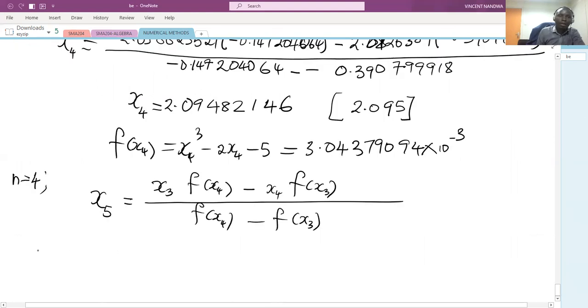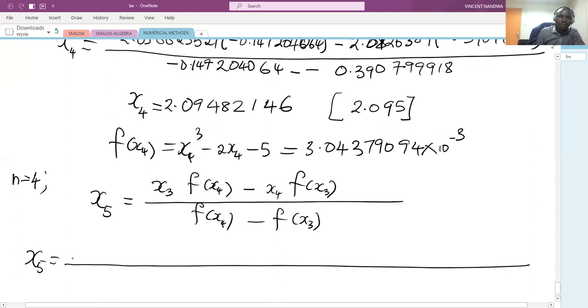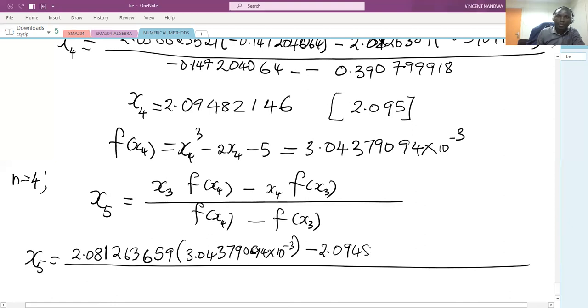So putting in the values, we'll have x5 equals 2.081263659 into 3.04379094 times 10 raised to the power minus 3, minus 2.094482146 into f of x3.